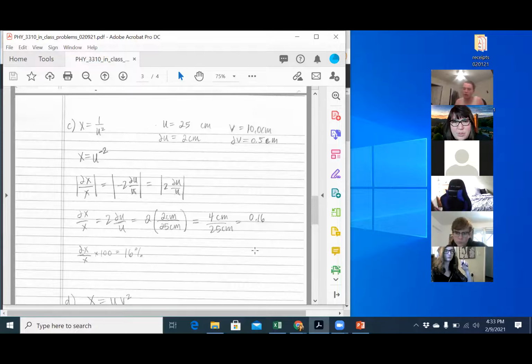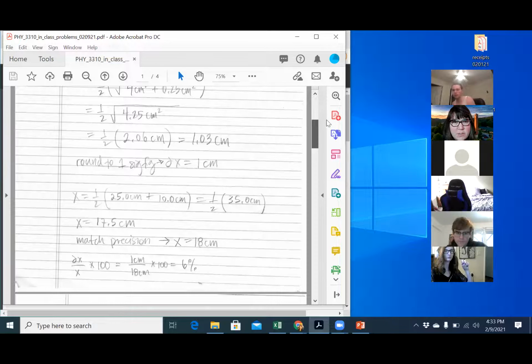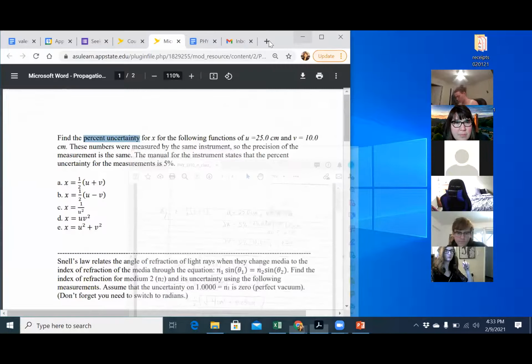Oh yeah, sorry. I guess we should back up. Where did the uncertainties come from? We were told in the problem that the manual states that the percent uncertainty for the measurements is 5%.